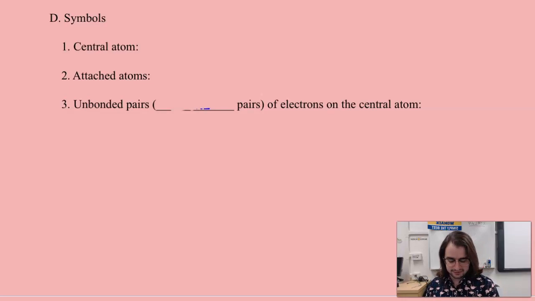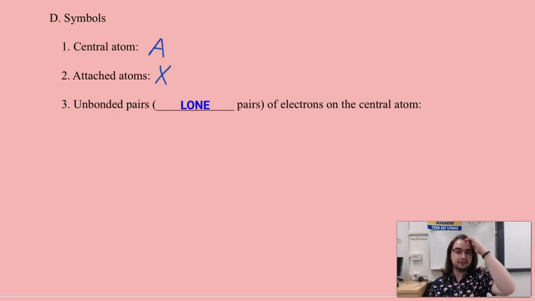And we are going to represent the central atom in this situation as the letter A. It doesn't really mean anything, and it doesn't represent a particular element, but we are going to use the letter A to represent any central atom. We are also going to use the letter X to represent anything attached to the central atom. We are also going to talk about lone pairs, because lone pairs often determine molecular geometry. Lone pairs attached to the central atom will be replaced by the letter E.